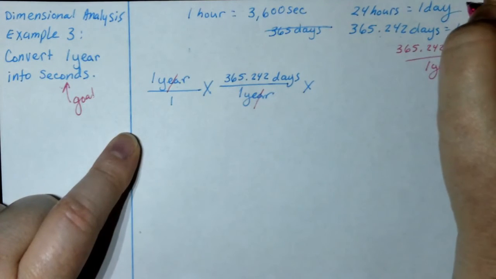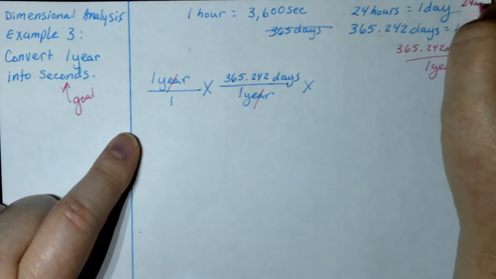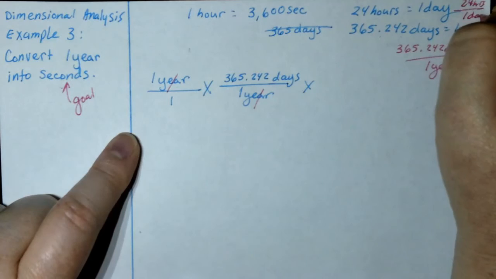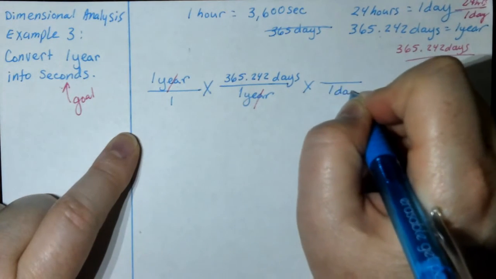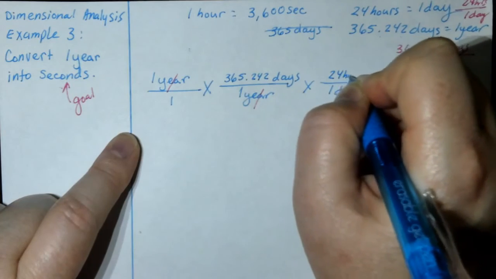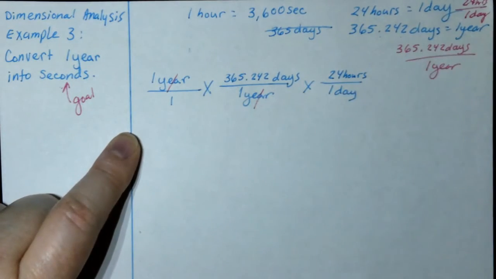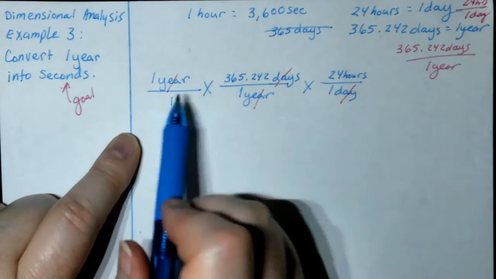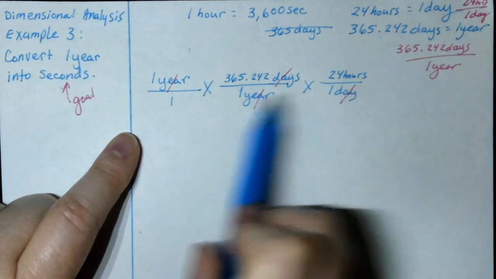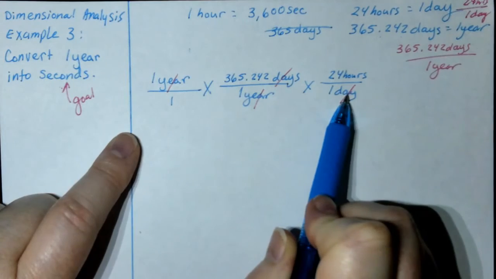I'm going to use the version of 24 hours per 1 day because that's the one that's going to work. So I need 1 day down here, 24 hours up here. My days are diagonal. They're going to cancel.